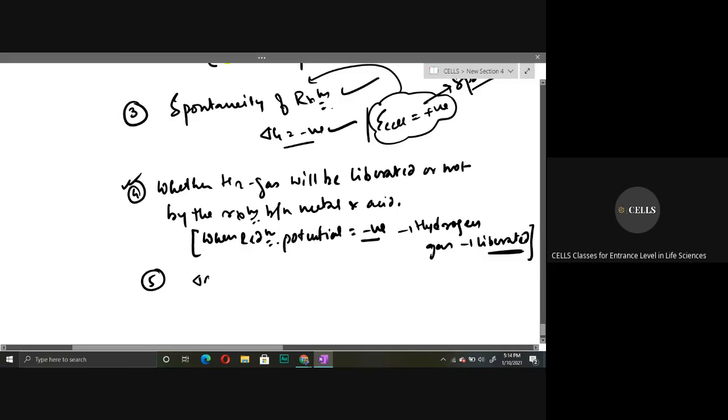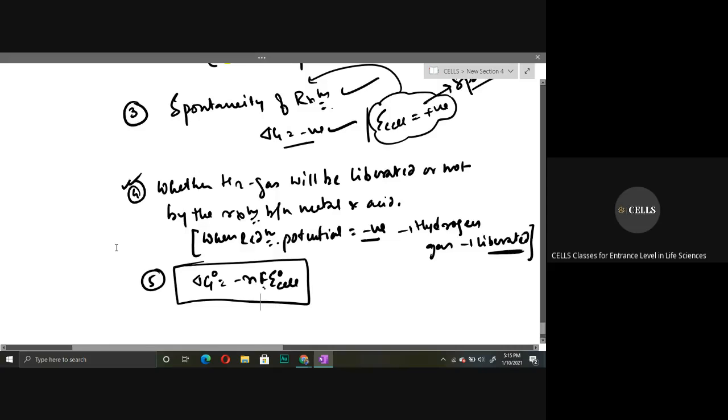If you want to calculate delta G0, that will be minus nFE0 cell. It's just the opposite sign. n is the number of electrons and F is the Faraday.